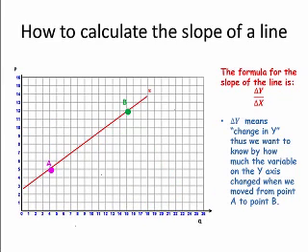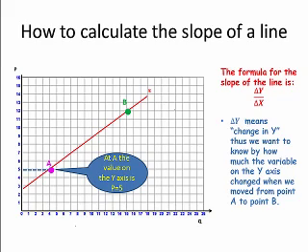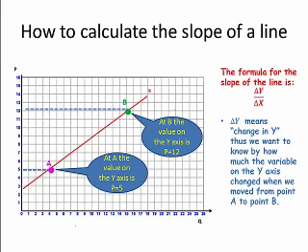Change in y, or triangle y, means change in y. Thus we want to know by how much the variable on the y-axis changed when we moved from point A to point B. At A, P is 5. At B, the value on the y-axis, P, is 12.